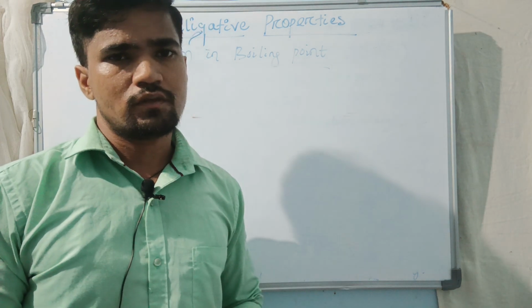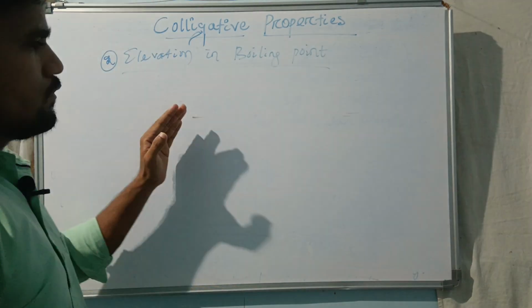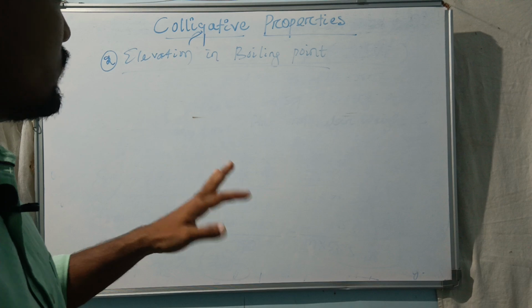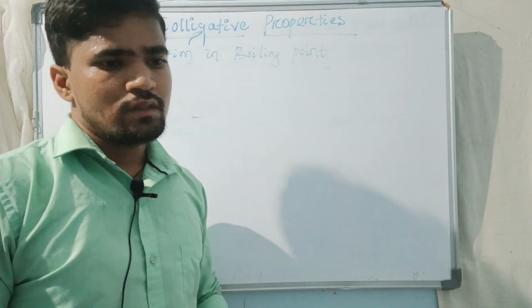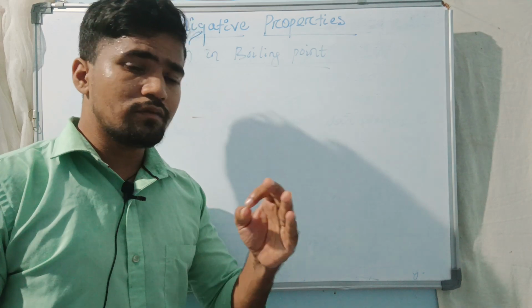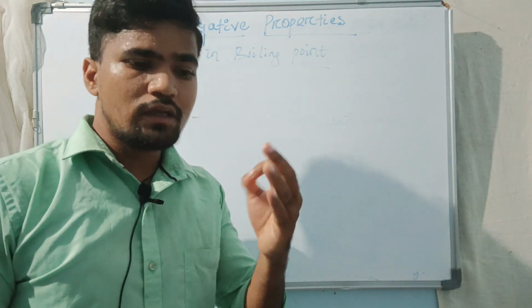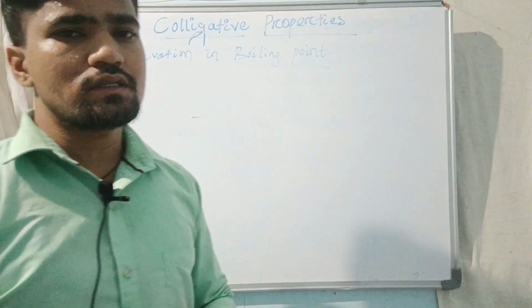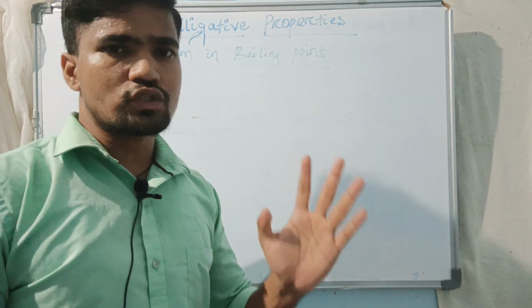Okay. Now, when a non-volatile solute dissolves in a volatile liquid, the vapor pressure of that liquid decreases and the boiling point increases. Why? Because of the smaller number of solvent particles present at the surface of the solution as compared to the pure solvent.